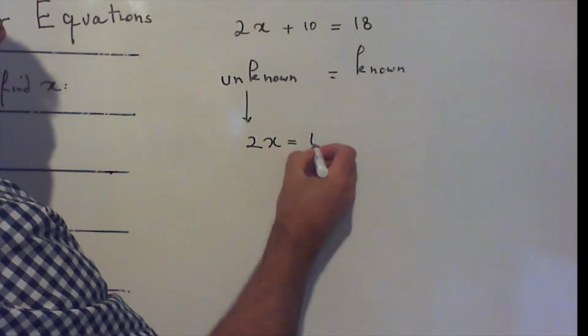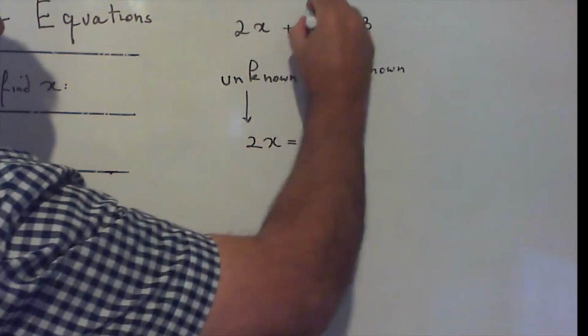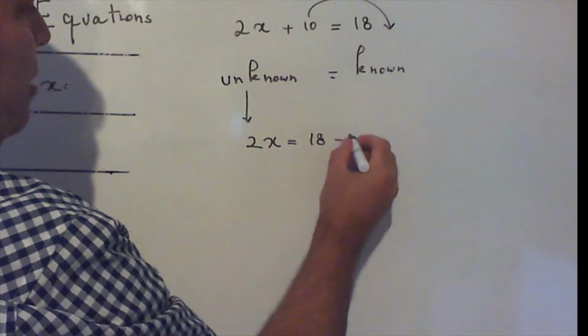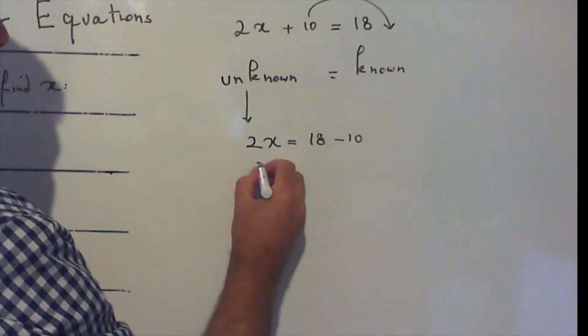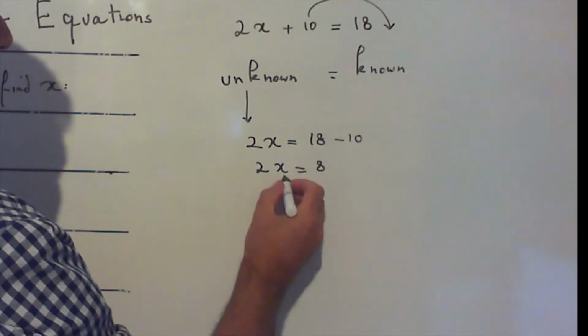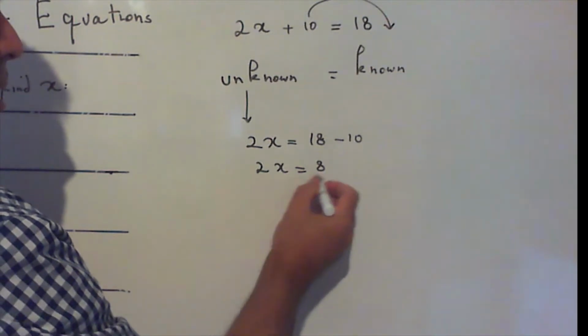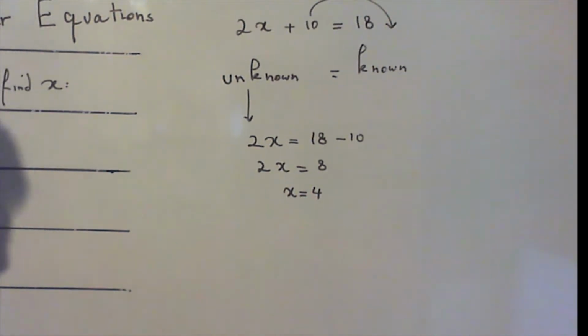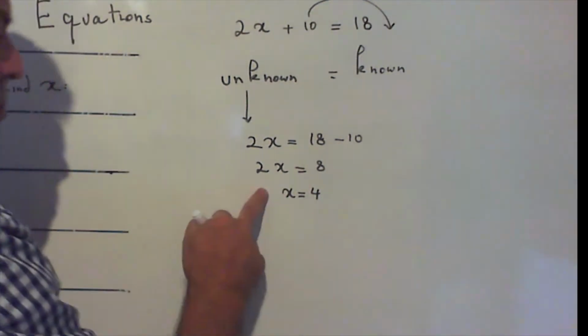I keep the 18 where it is, and I move the 10 from the left hand side to the right hand side, but I have to change the sign. Then 2x equals 8, and therefore what number multiplied by x gives 8? Obviously x is 4.